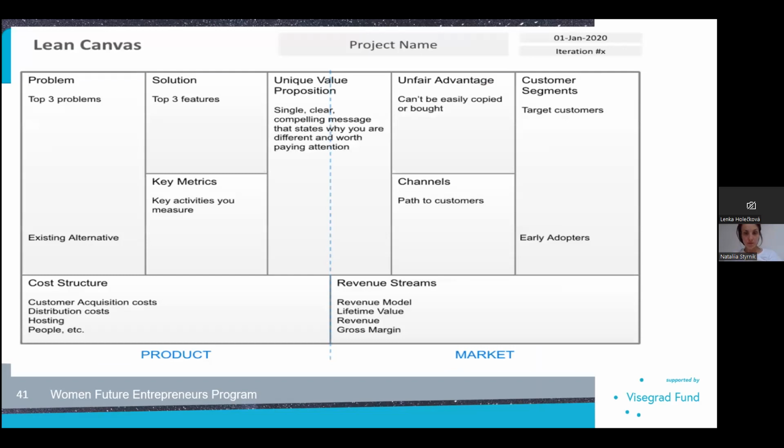And I have here one short video regarding lean canvas to remind of it, not to be overloaded just by information from myself. Let me now share this short video about lean canvas to remind of it, because for the purpose of next week's presentation, you can choose also this form of presentation.